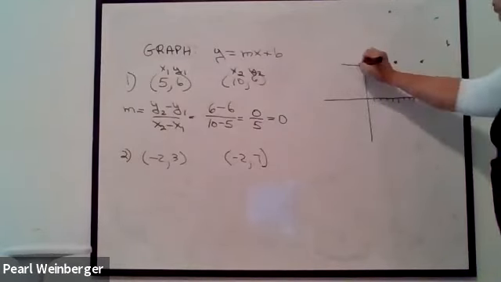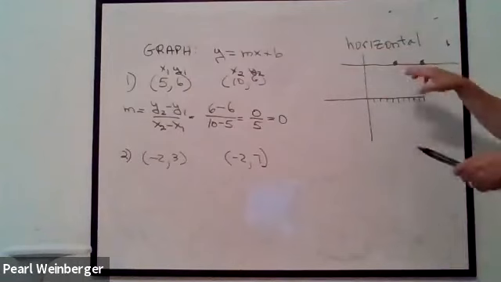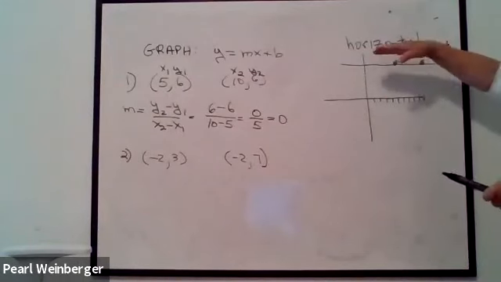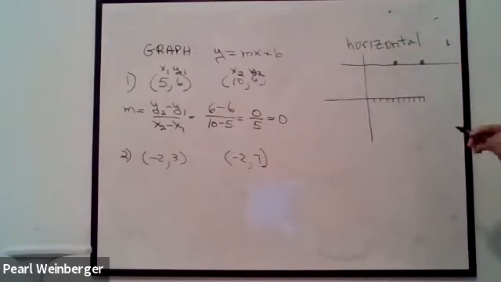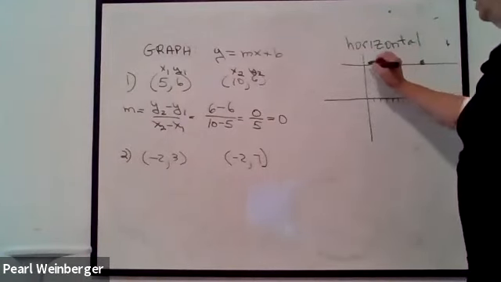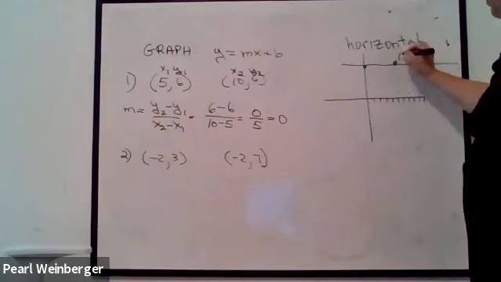This is what's called a horizontal line. It's a line that goes straight across. It doesn't go up, it doesn't go down. Its slope is 0. As you go from one point to another, you're just going straight across. That's what we call a horizontal line. If you look at this horizontal line, this was the point 5, 6.